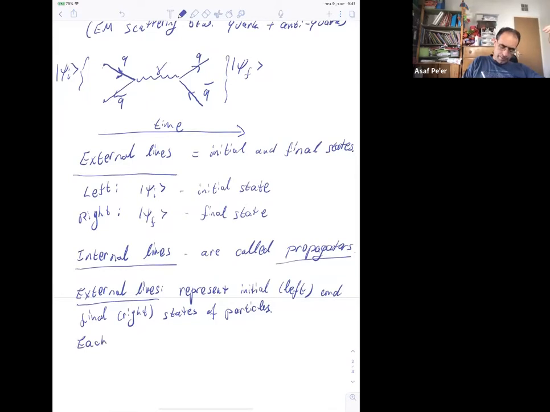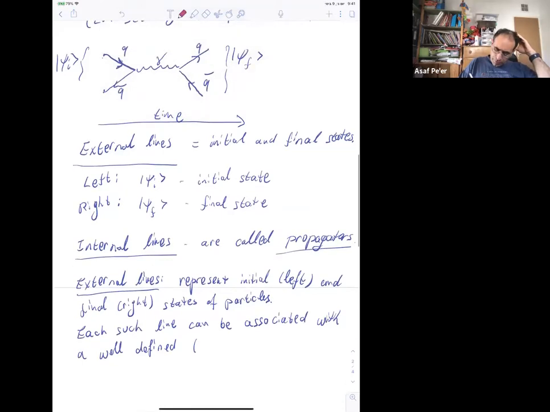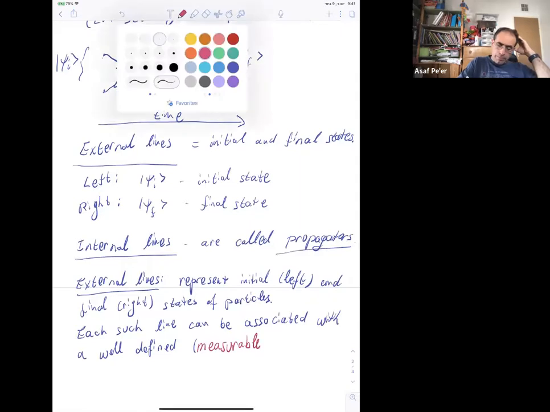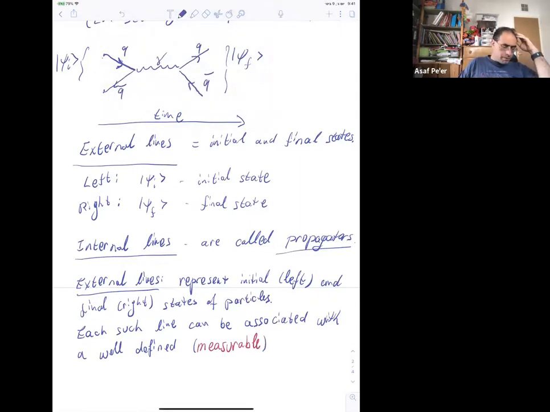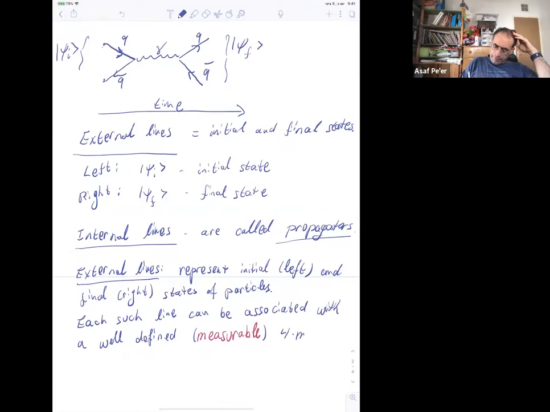Each such line can be associated with a well-defined, namely measurable, four-momentum, p mu, pi mu.